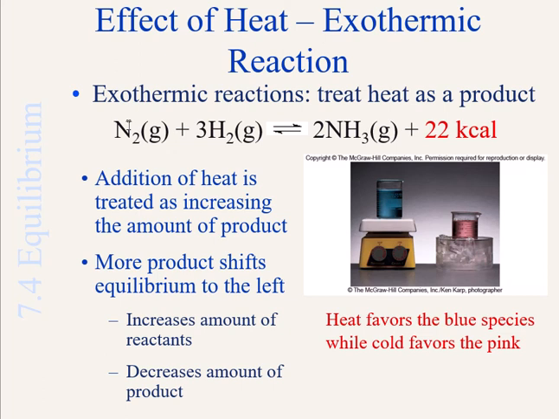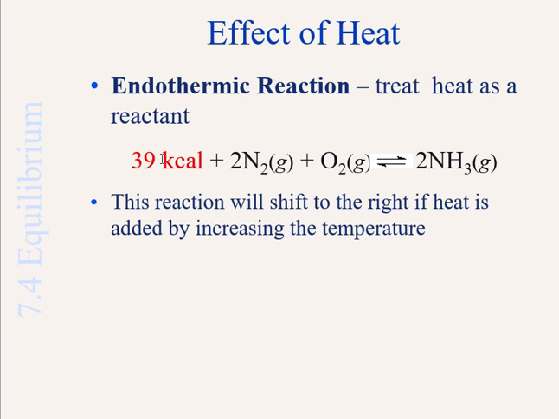If I lower the temperature, the system moves to the right, telling me this is an exothermic reaction. In this case, if I raise the temperature, the system moves to the right, because higher heat is actually increasing one of the reactants, so the system moves to the right. If I lower the temperature, that means I remove heat, then the system moves to the left.